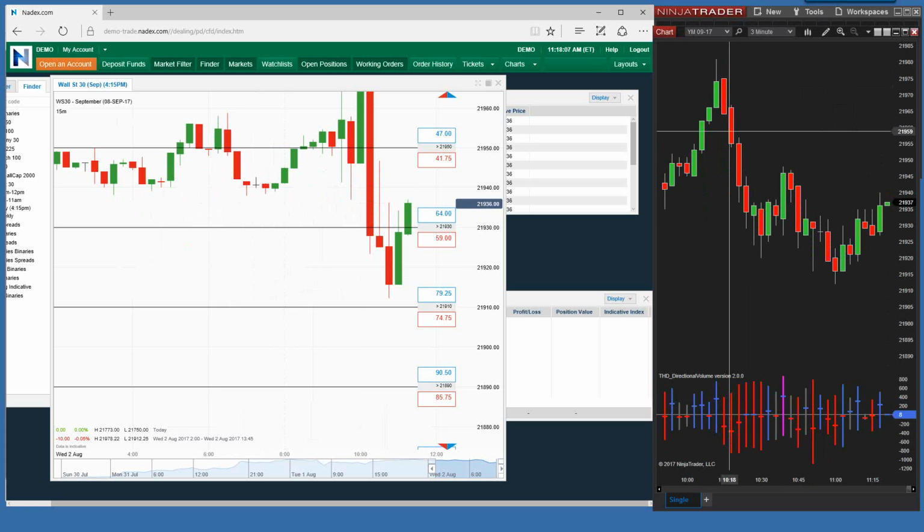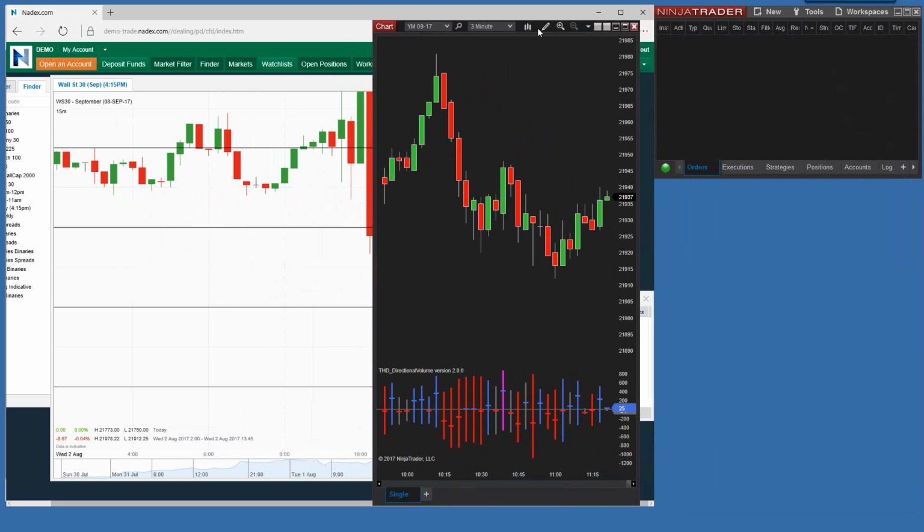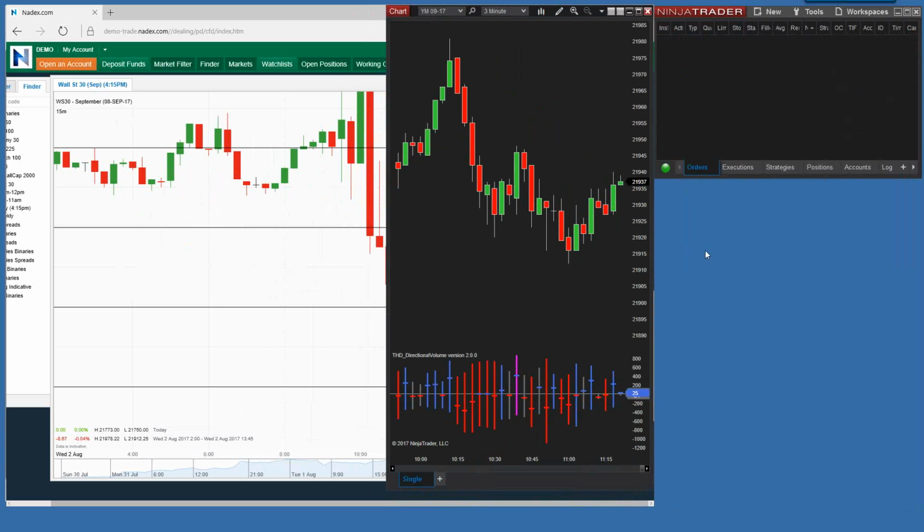Now, let's get into the differences, okay? While NinjaTrader is a free platform, as long as you are not trading a live account through Ninja, you will not get data unless you do a couple of things, and you have choices here. You can either just subscribe to the data, which, for futures, is very expensive. I'll just give you an example.